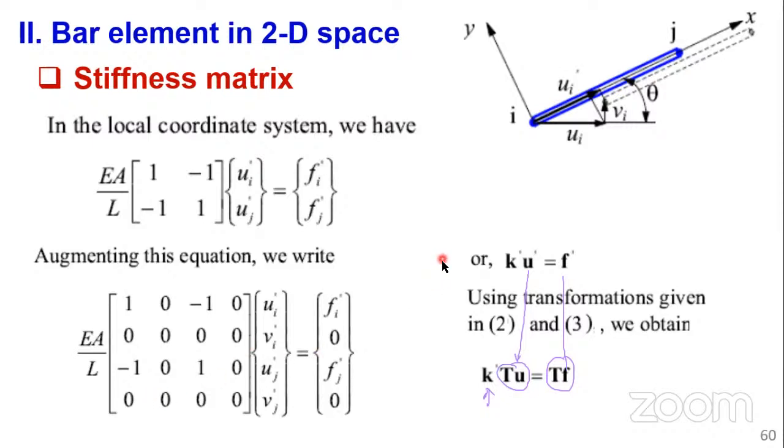And for orthogonal matrices, if a matrix is orthogonal, the transpose of that matrix is the same as its inverse.